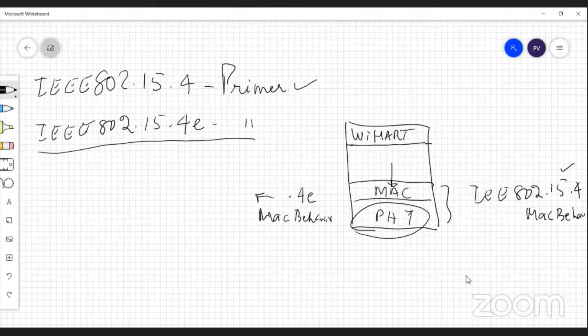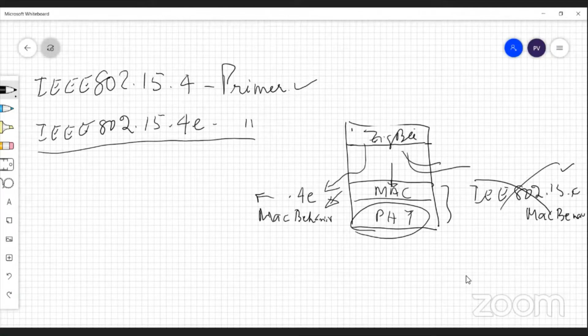There used to be HART, which is in fact very popular, and nowadays everything is wireless, so it's replaced with WirelessHART. WirelessHART actually uses the MAC and PHY, but with the difference that it does not use 15.4. It uses 15.4e. So here are some very classic examples. WirelessHART goes in this direction, and if it is ZigBee, it goes in this direction.